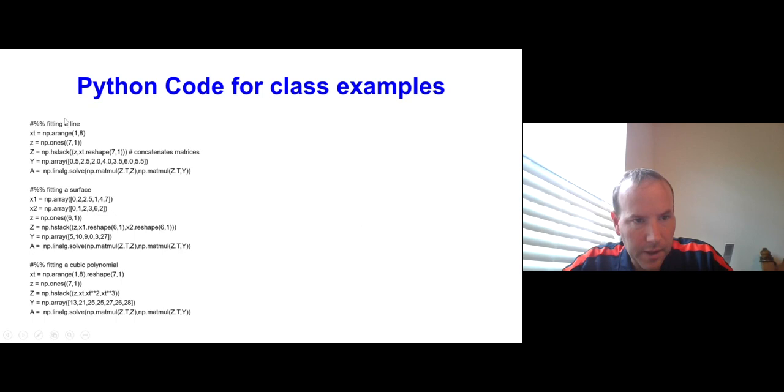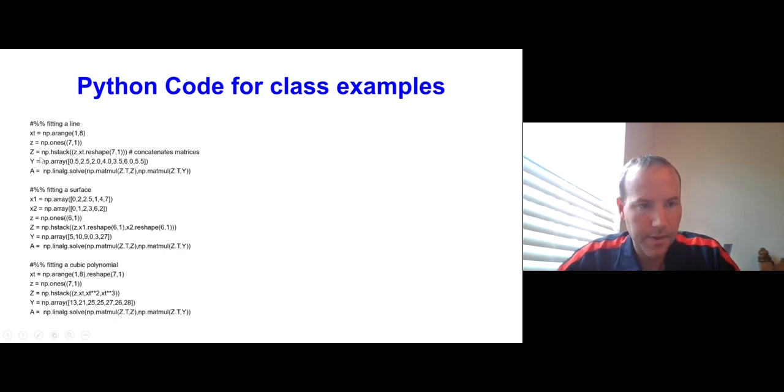So first off, for fitting a line, we're going to create an xt, which is the x values on a range from 1 to 8. Then we're going to make a z matrix that concatenates this. And this is what really follows the form of what we showed on the slides.